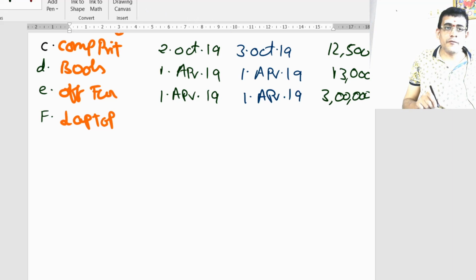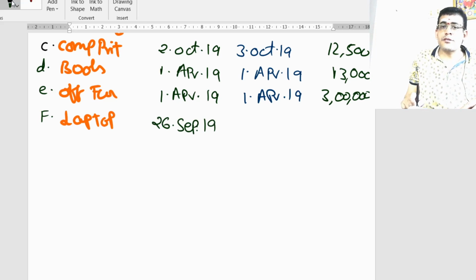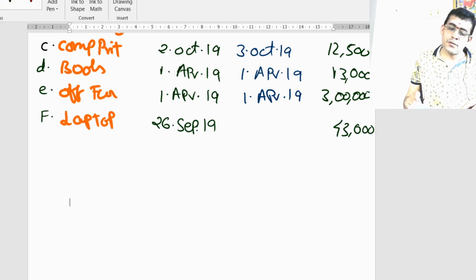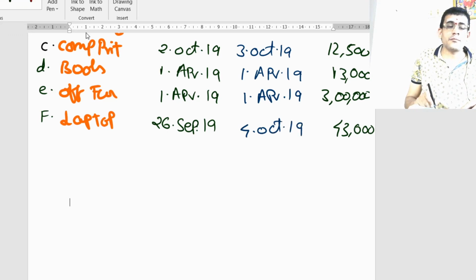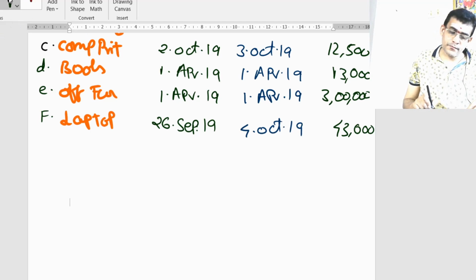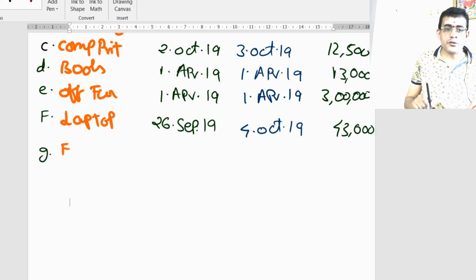The date of acquisition is 26th September 2019, and the cost of acquisition is 43,000. The date put to use is 4th October 2019. Then the next one, fire extinguisher.